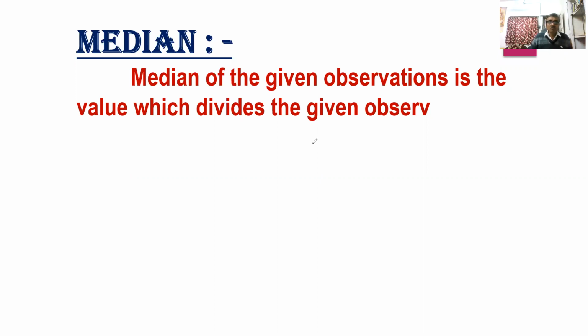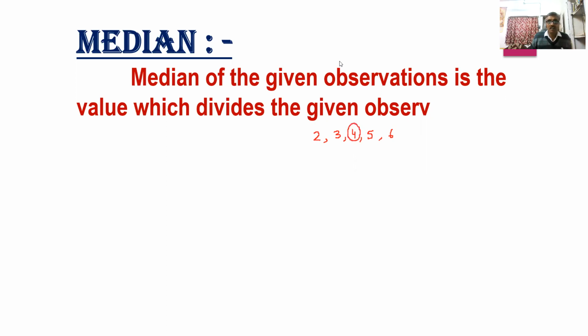To understand "two equal parts", let us take an example. Find the median of the given observations 2, 3, 4, 5, 6. Since all the five numbers are in ascending order, 4 divides them into two equal parts.